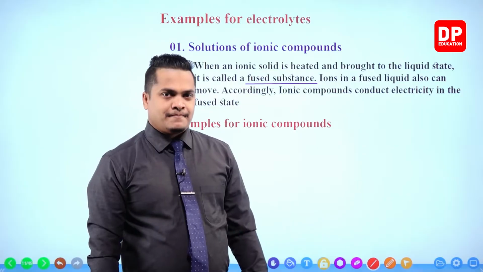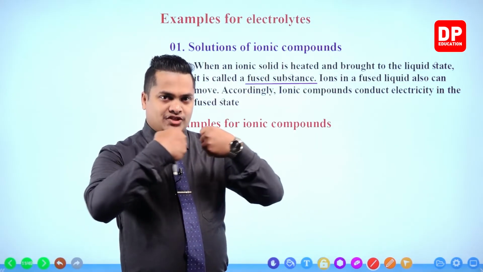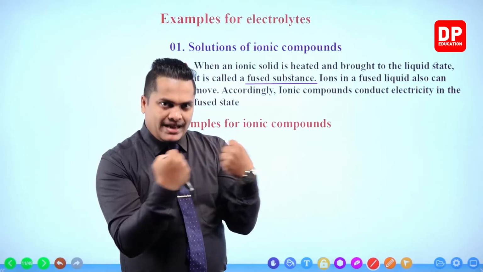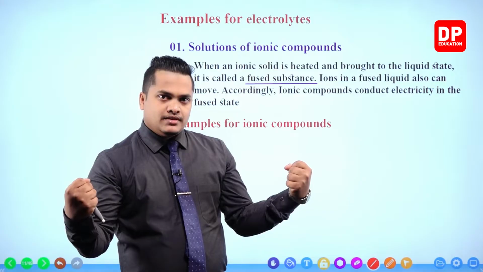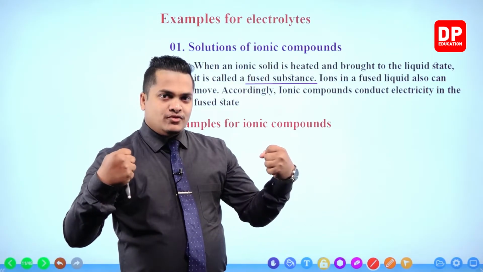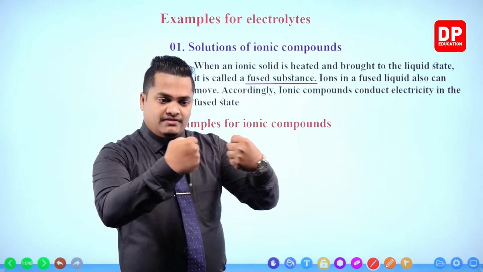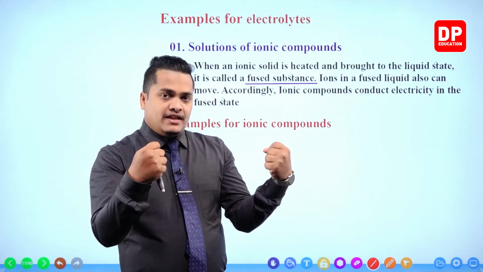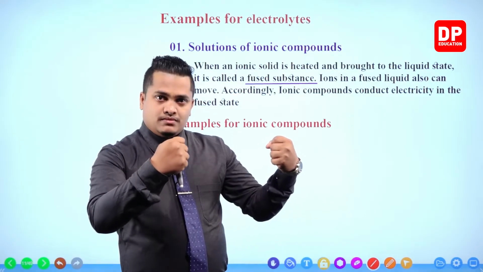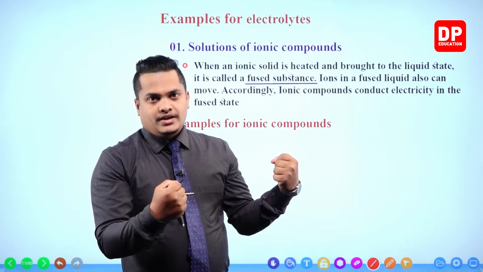When providing heat energy, that extreme bond breaks down at a certain instance and gets separated into ions. If they are tightly packed like this, then it is a solid. If the compounds are getting separated and the particles have a gap like this, then it is going to be a liquid.